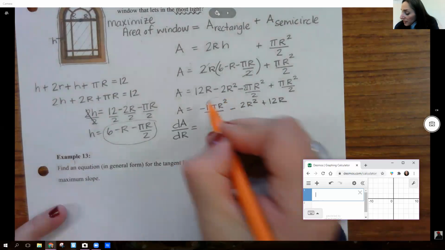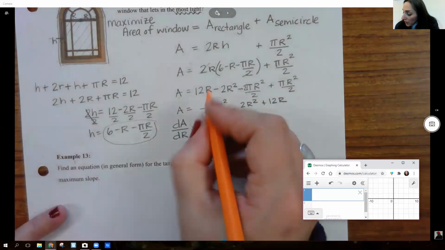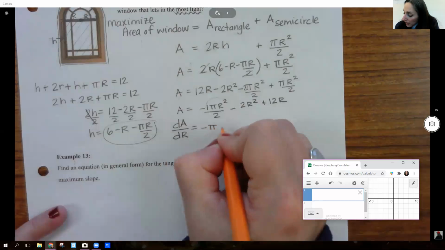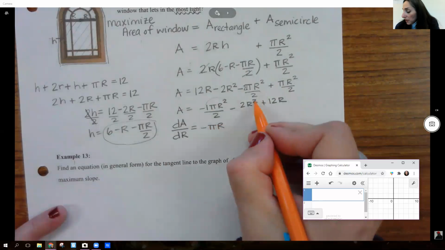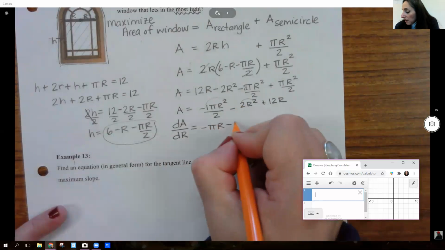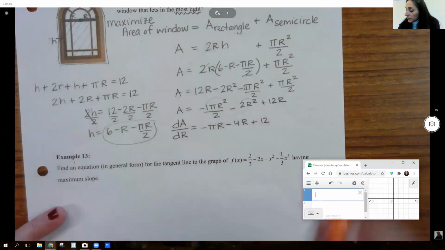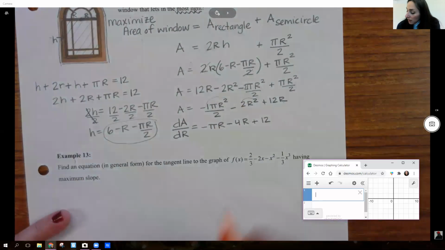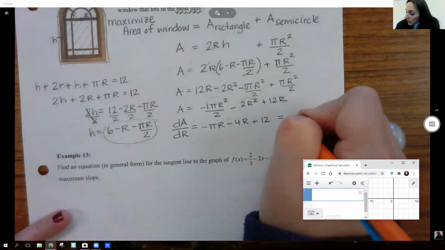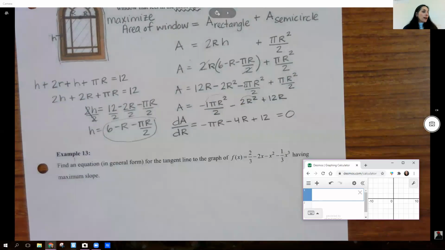Bring the 2 in the front. This will be negative 2 over 2, which is going to go away. This will be negative pi r here, minus 4r plus 12. Set this equal to 0. I'm just going to put my 0 over here and get r by itself.